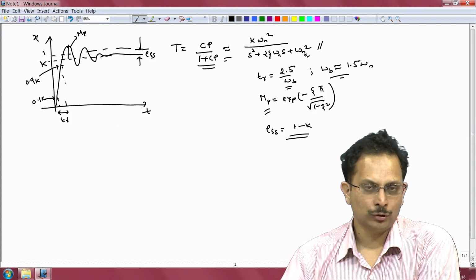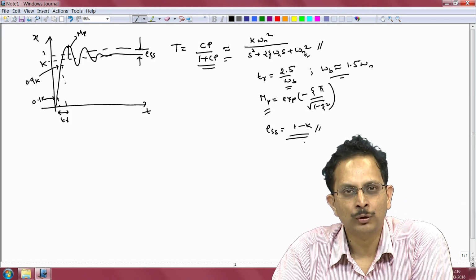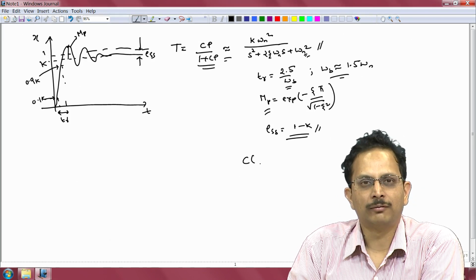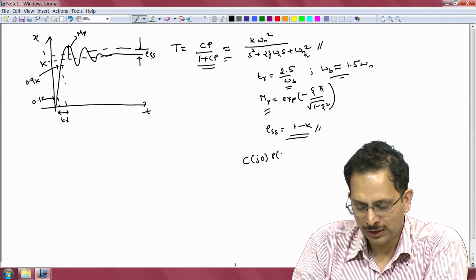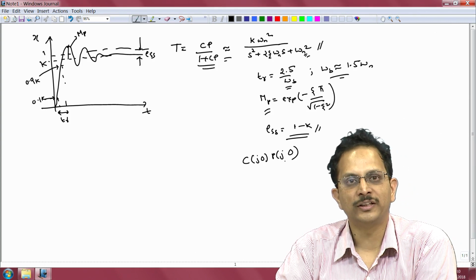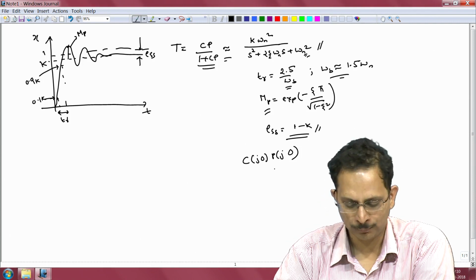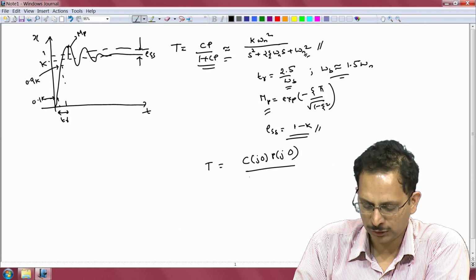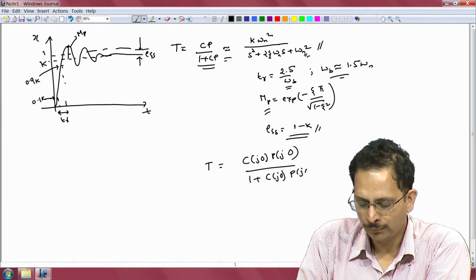So, the easiest thing to do is to come up with the value of the loop gain, or the value of the controller transfer function times the plant transfer function at steady state for DC references, and that is given by C(j0) times P(j0). We know that our transfer function is given by C(j0) times P(j0) divided by 1 plus C(j0) times P(j0).